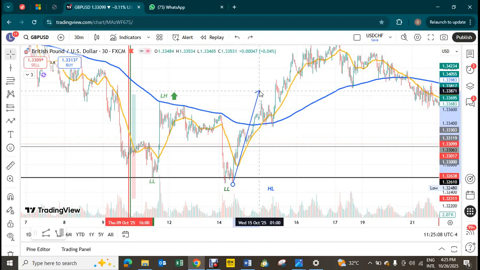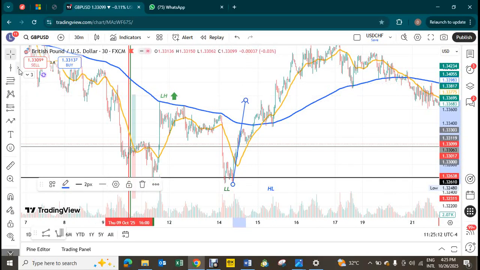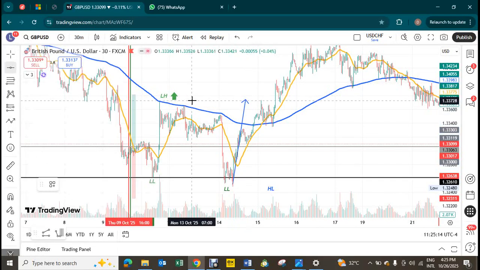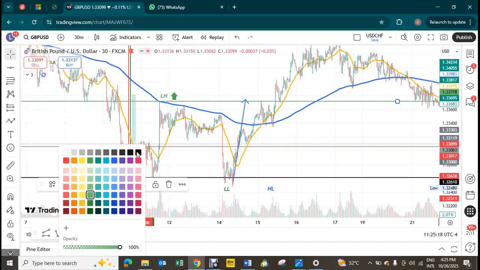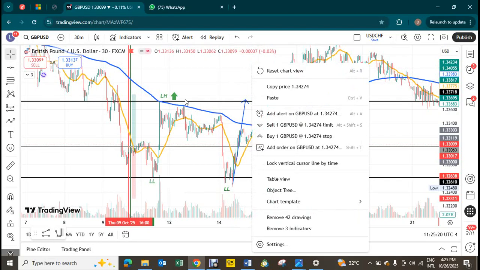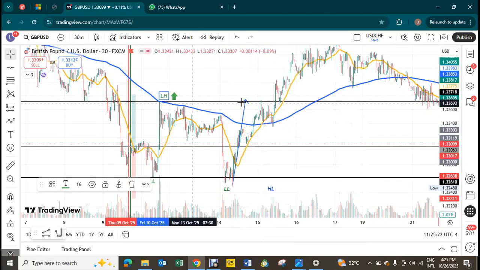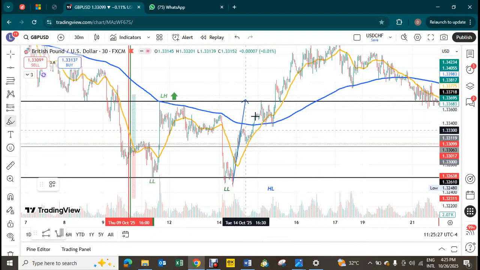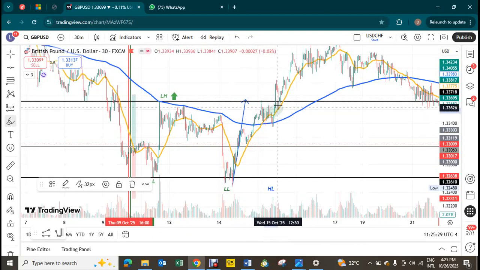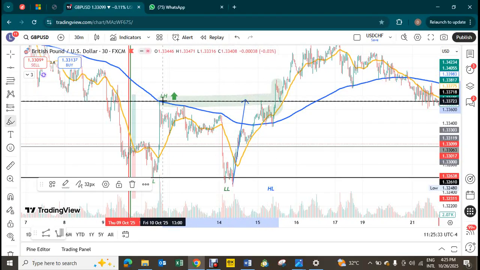Price did not just go up higher, it went up and passed the previous lower high, which is this level here. You can see that price went up like this and broke this line, which is the previous lower high.